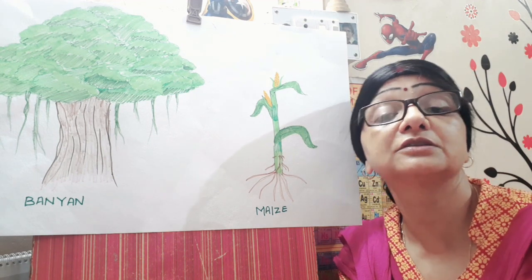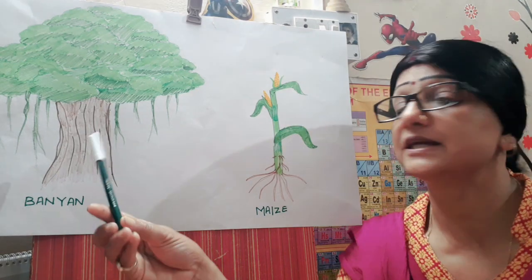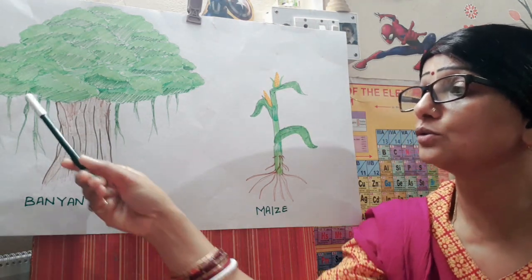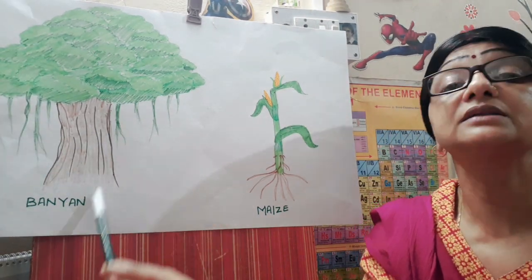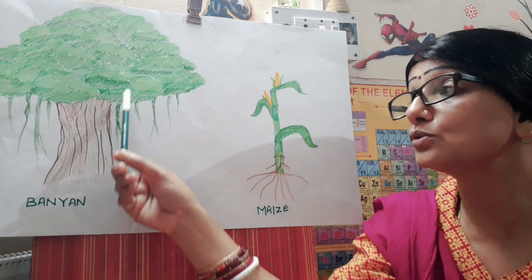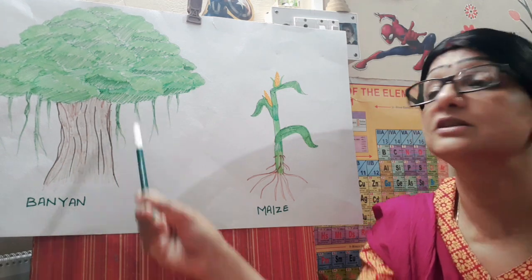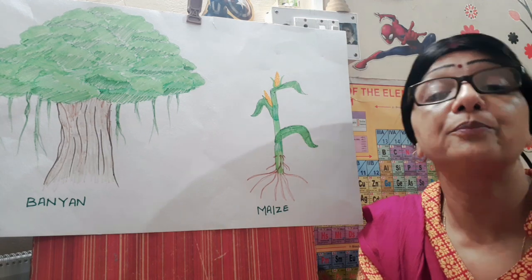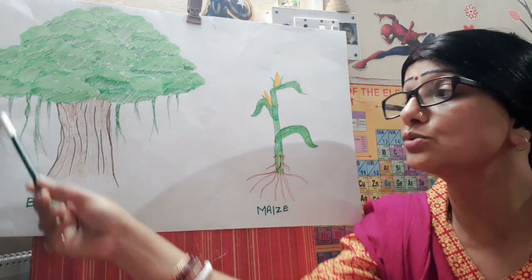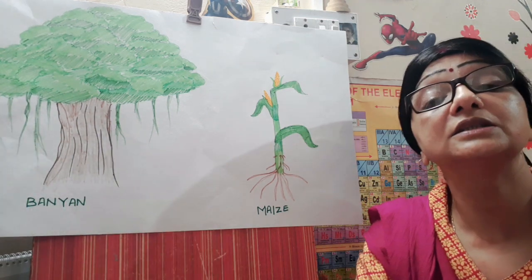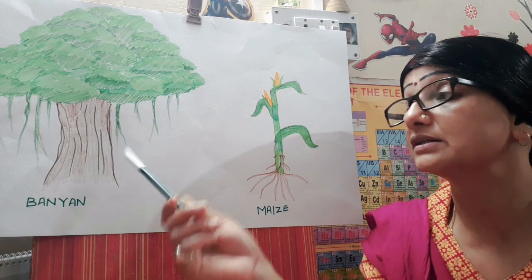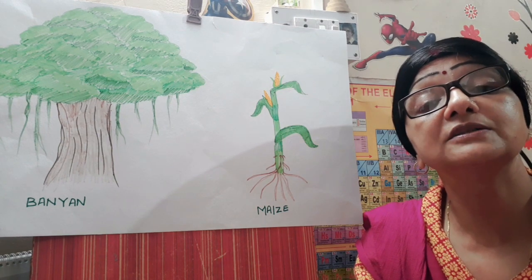To give extra support. You can see in the banyan plant, roots are coming from the branches, isn't it? These roots are known as prop roots. These roots are coming from the branches of the plant. What is the use of these roots?